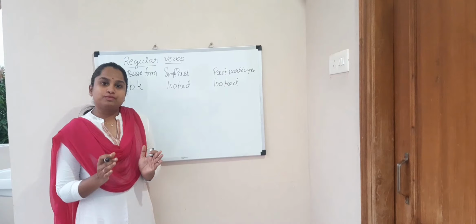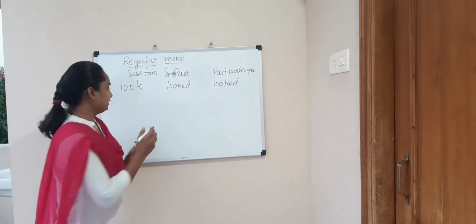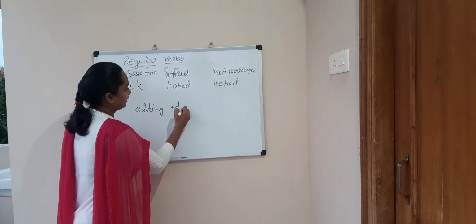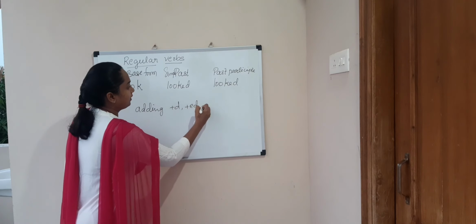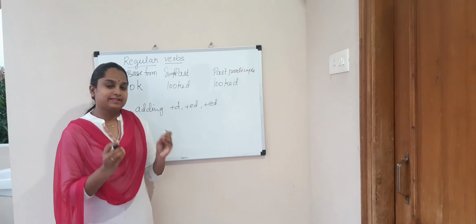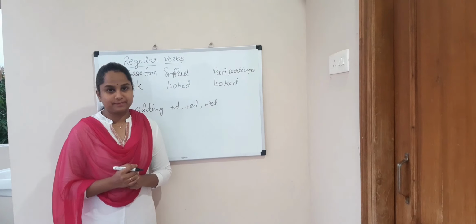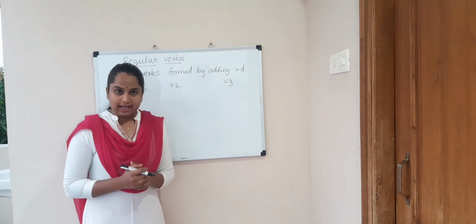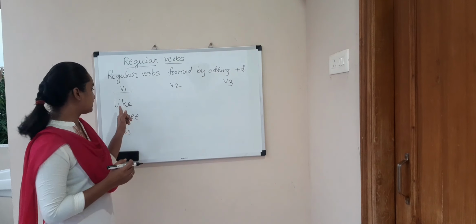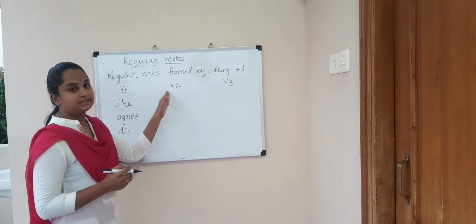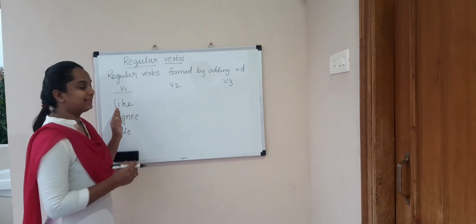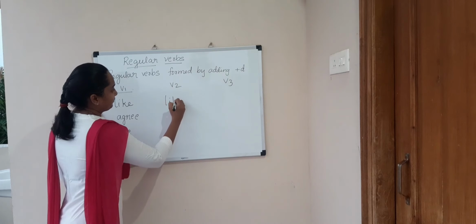So regular verbs are formed by adding d, ed, and ied. Now let's take some examples. Regular verbs formed by adding d. For example, like, this is the base form V1, and this is simple past, this is past participle. So like, liked.